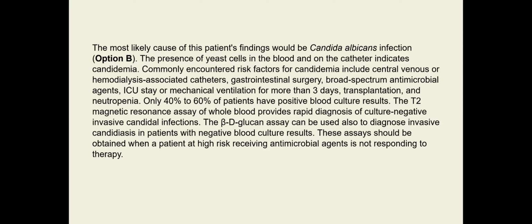Only about 40 to 60% of patients can have positive blood culture tests. Sometimes doing the T2 MRI assays can help provide a rapid diagnosis for invasive candidal infections. And this is where some of the more expensive fungal tests come in, like the beta-D-glucan assay that we had discussed earlier.